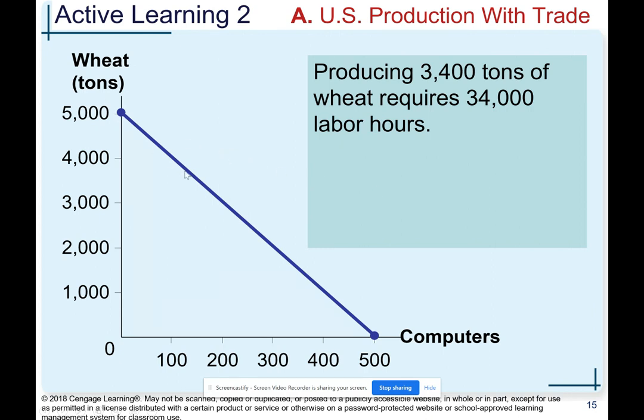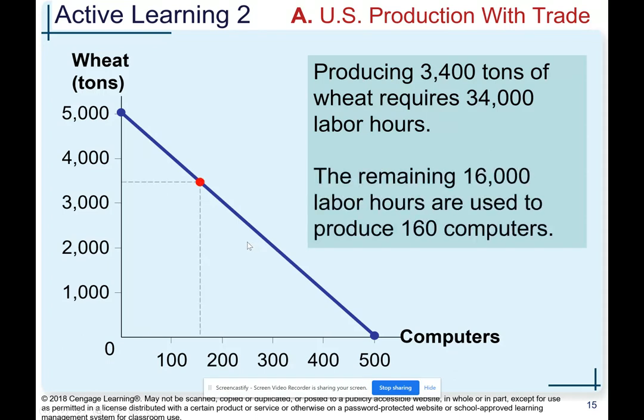Here is the production possibilities frontier for the United States, and the US decides to shift its resources to produce 3,400 tons of wheat. That is 34 on the vertical axis. And the remaining would be 160. The remaining 16,000 hours, that is 50,000 take away 34,000, we have 16,000 hours remaining.